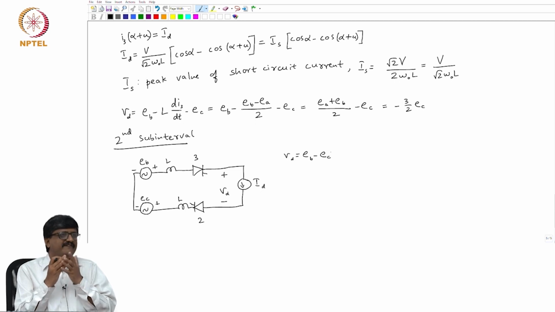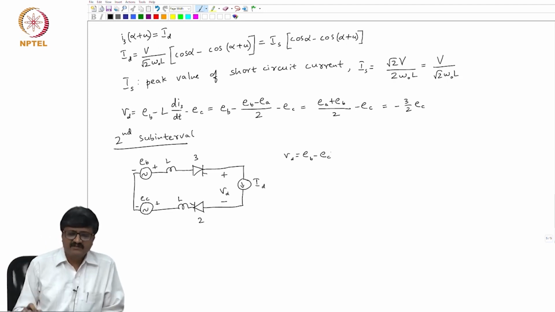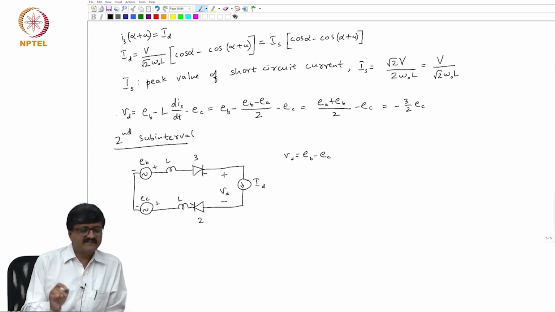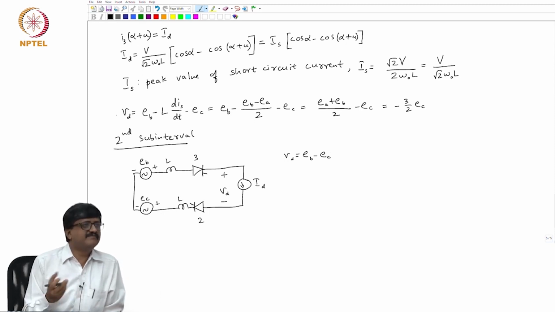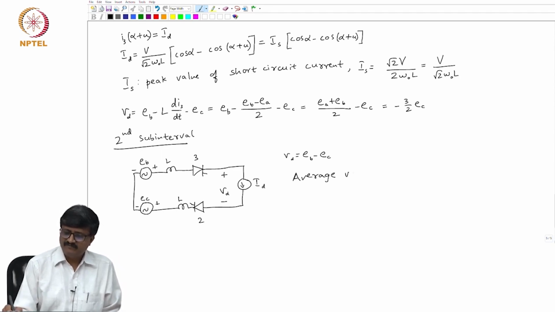Whatever happens for 60 degrees, the same thing repeats after every subsequent 60 degrees. So, the 60 degree period consisting of the first and second subinterval is sufficient to compute the average value of Vd.